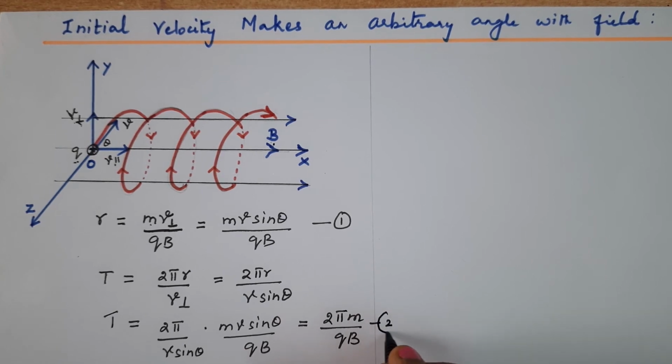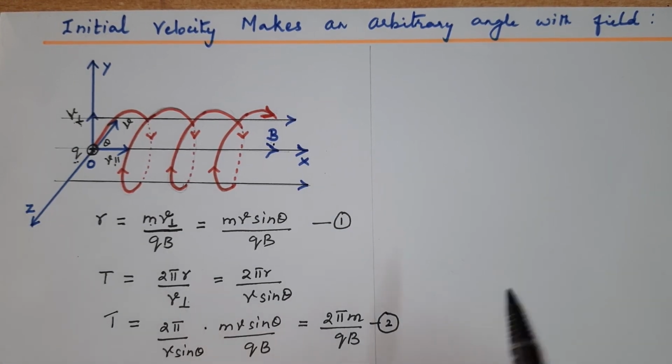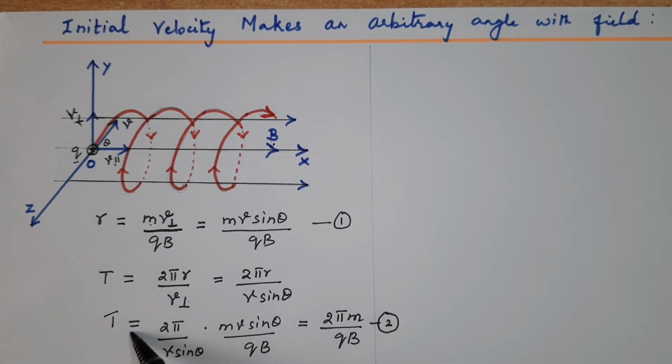This is going to be equation number 2, obtained by substituting the radius in the expression 2 pi r upon V perpendicular. This is the formula for time period.